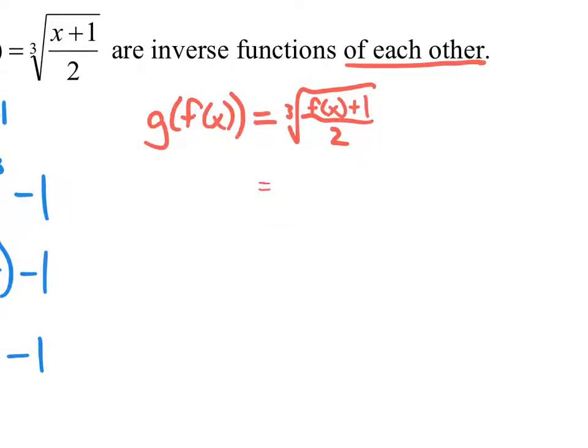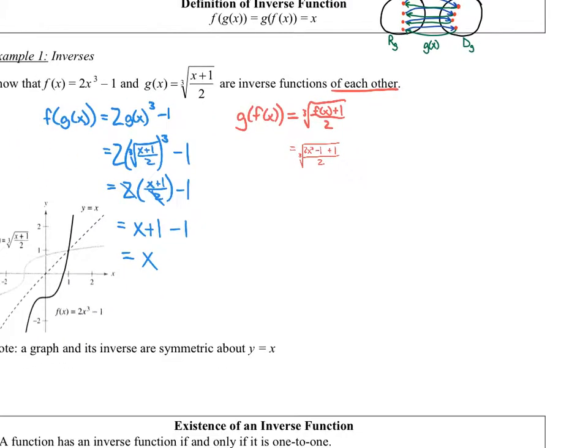Okay, f of x was 2x cubed minus 1. Okay? Well, the minus 1 plus 1 cancel out, so now I have the cube root of 2x cubed over 2. The 2's can cancel. And I have the cube root of x cubed, which equals x.